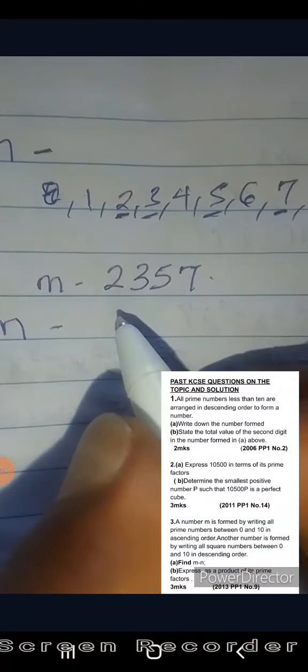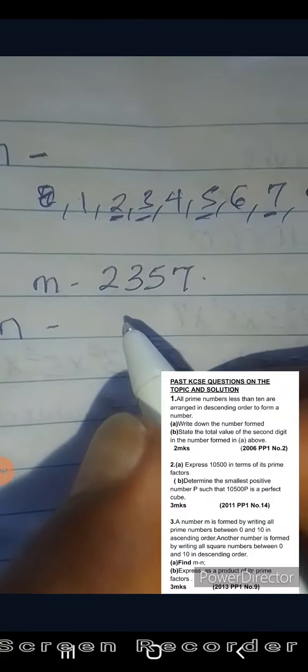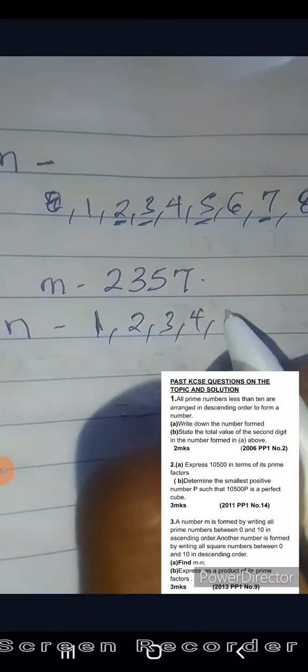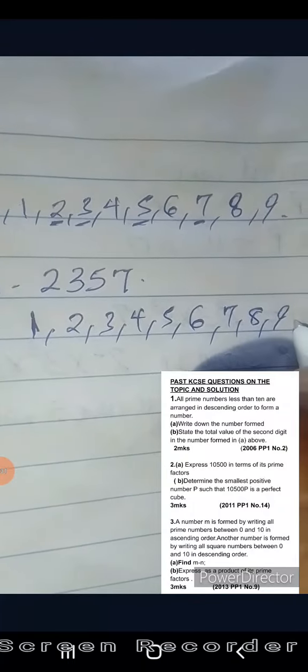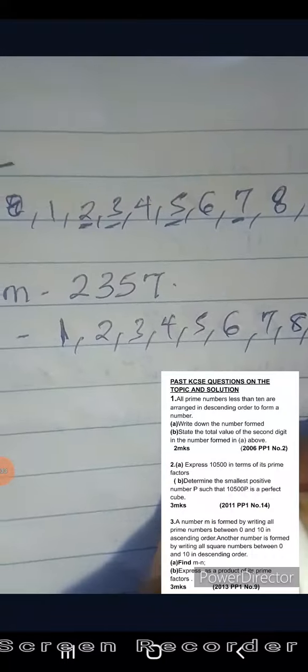Then you are being told another number n is found by writing all square numbers between 0 and 10 in descending order. So square numbers, first of all write numbers 1, 2, 3, 4, 5, 6, 7, 8, 9. Numbers between 0 and 10, that is 1 to 9.